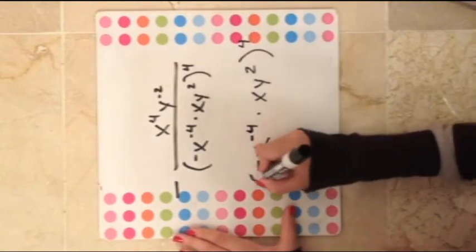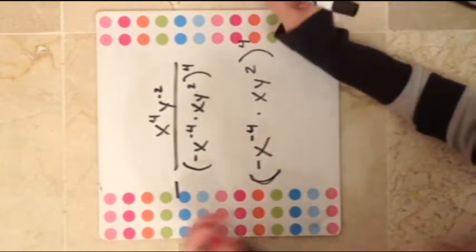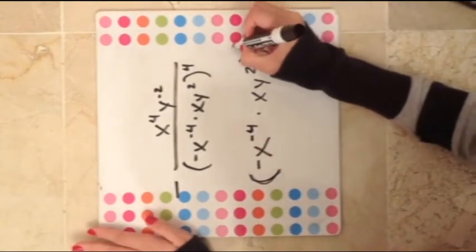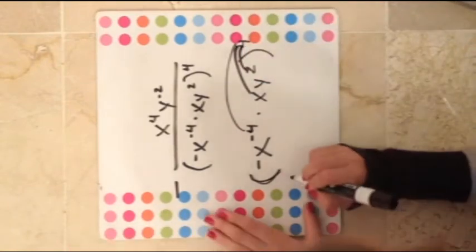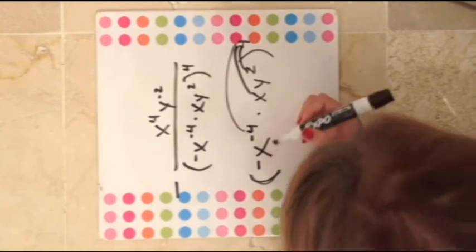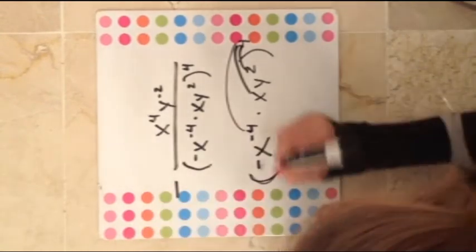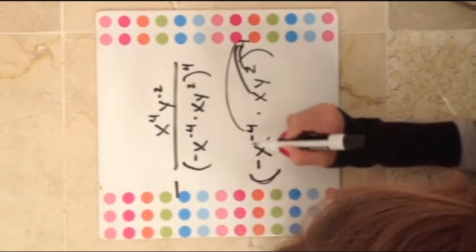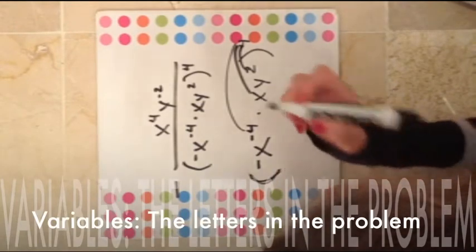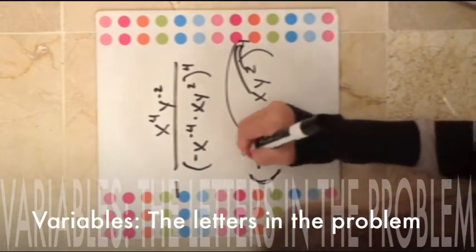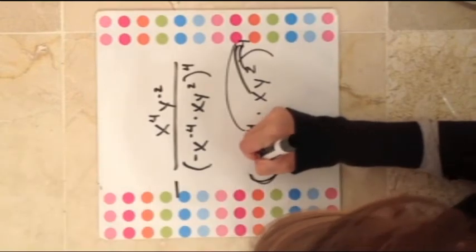Okay. What you need to do is first you need to distribute this 4 to each of the variables. Okay. When you have this negative here before a variable, that means you automatically know that you have a 1 here.